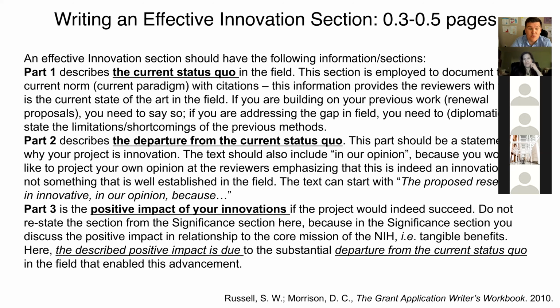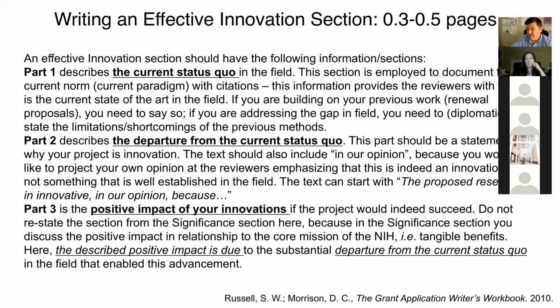In part two, you describe the actual departure from the current status quo. You describe your innovation. You just describe how your new way of doing things is innovative. And one of the things that I find quite useful is you should also include the text "in our opinion," which really emphasizes two things. It emphasizes that this is your opinion.